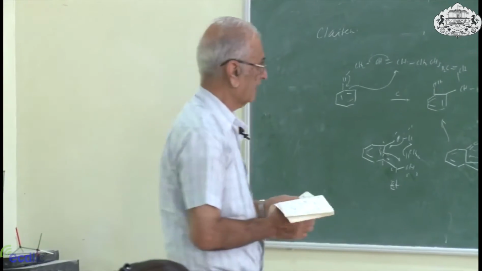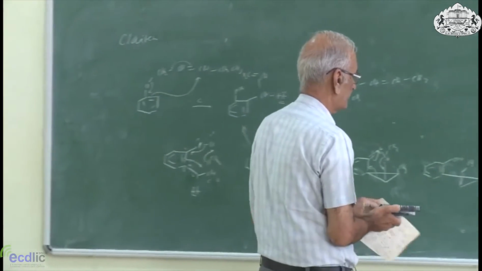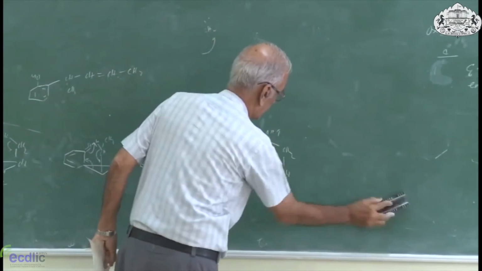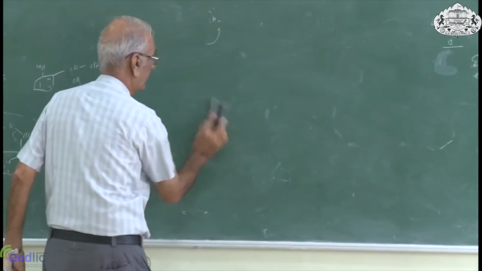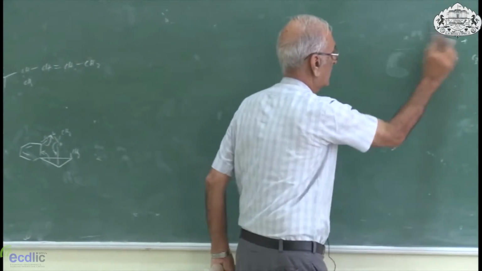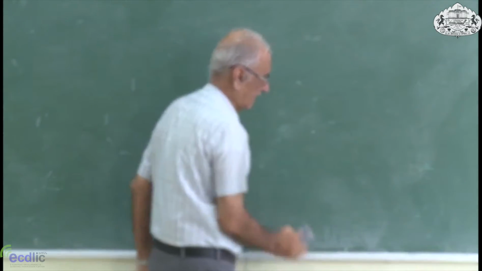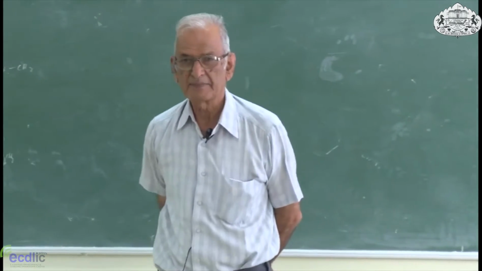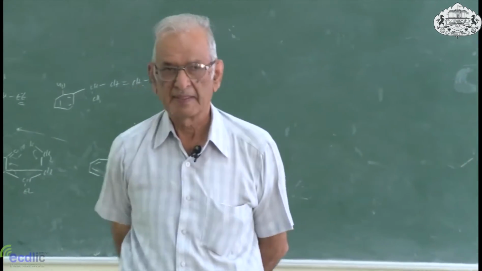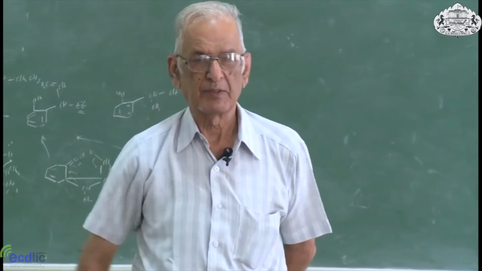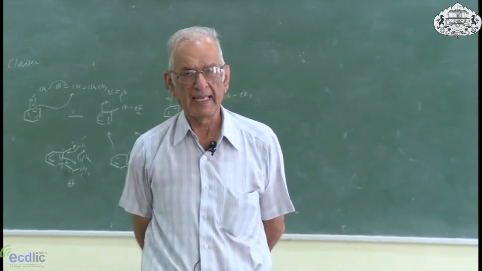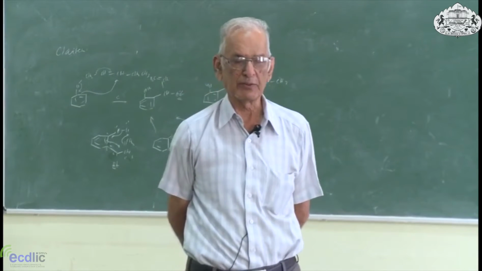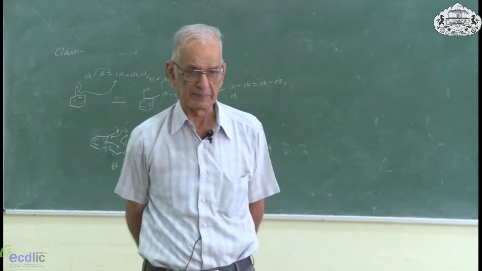Okay. Let's look at our next example. Generally, when it is asked, what is the Claisen rearrangement? The usual answer is the allyl ether of phenol going to ortho allyl phenol.